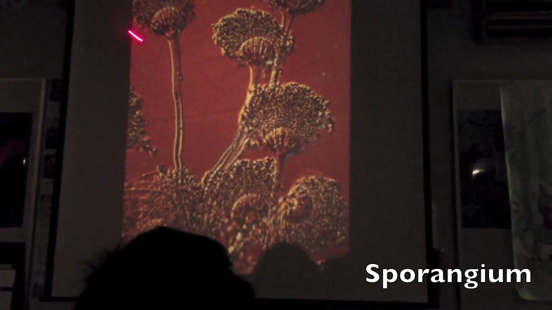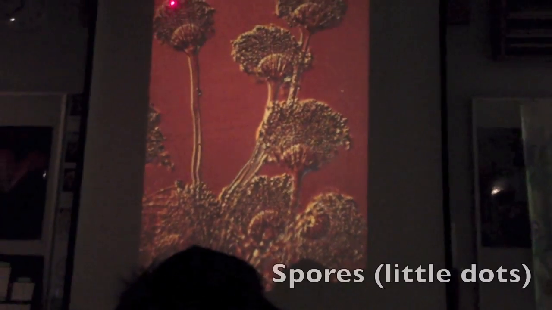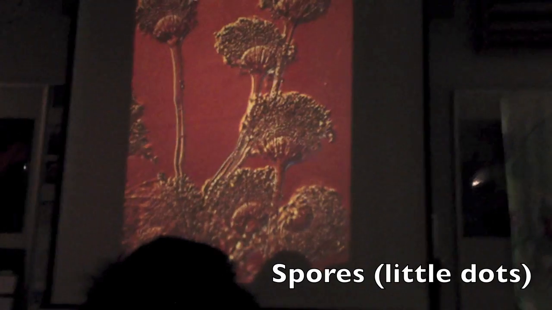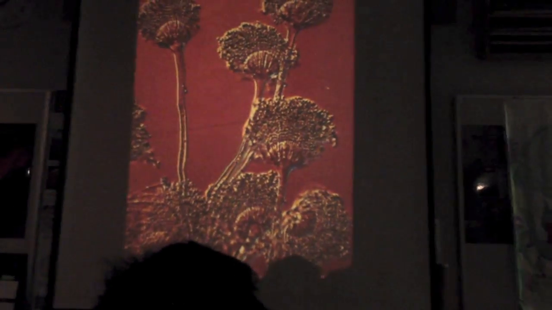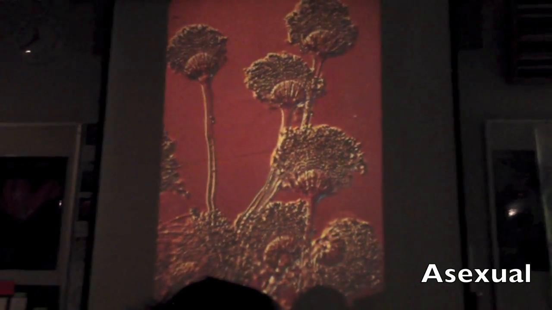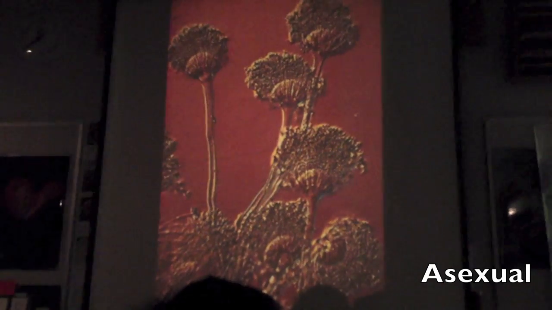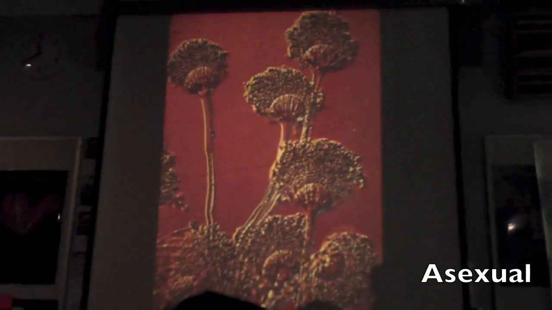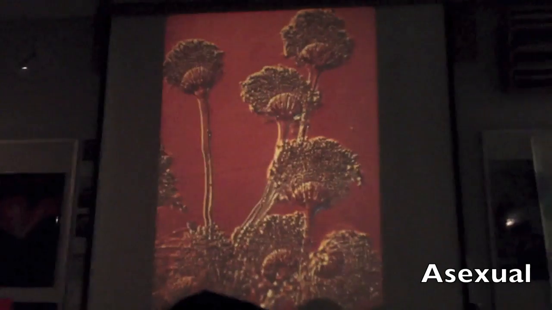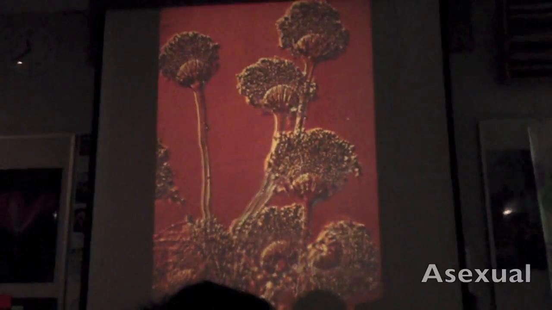So what's this thing then? Sporangium, and these little dots are spores. Sexual or asexual? Asexual. Remember, sexual, you're going to see zygospores, basidiospores, or ascospores. Those are none of those.